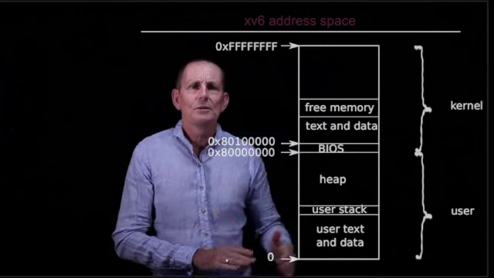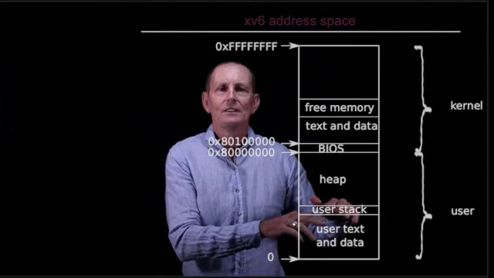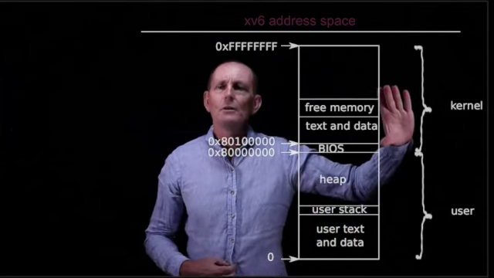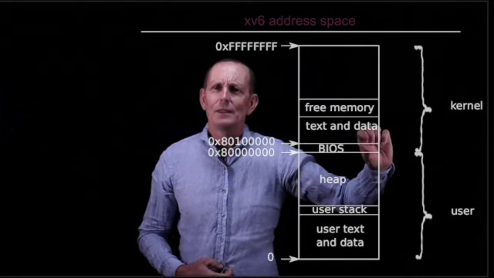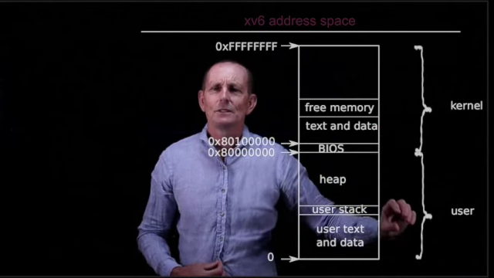And what do we have in the user mode? Well, the standard stuff. We have our user text and data at the beginning. We have the stack, and then we have a heap above that. The kernel mode includes the BIOS. So the BIOS was actually down at a low level in memory. What's up with that?